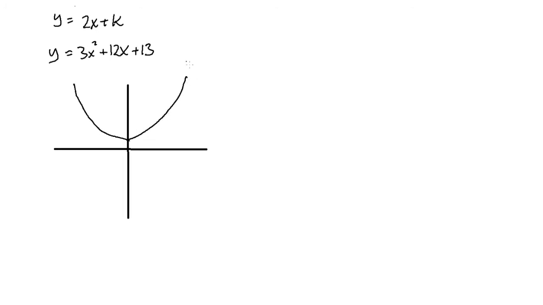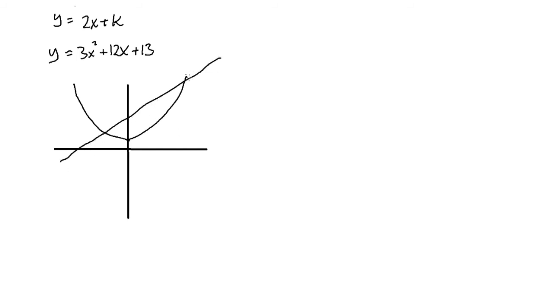This doesn't have to be the minimum point, but it doesn't really make a difference, because we're continuing this question using the idea that we have a straight line passing through the curve twice. So it would look a little bit like this.